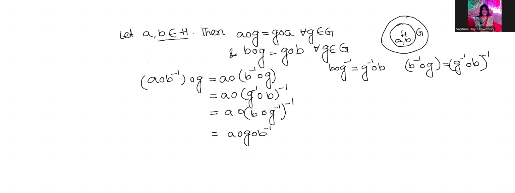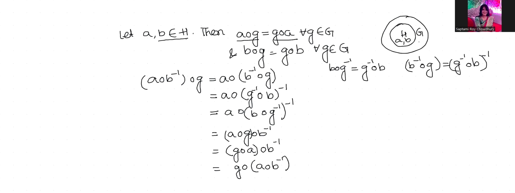Again, we will write down here A circle g equal to g circle A. As we take here the bracket, using the associativity, we can write down this. So ultimately, we will get this result.